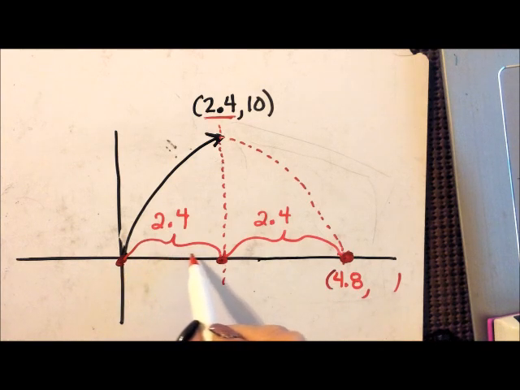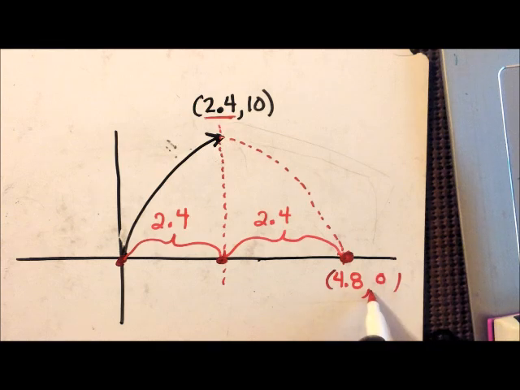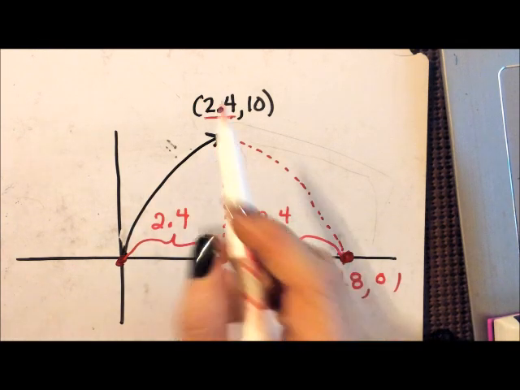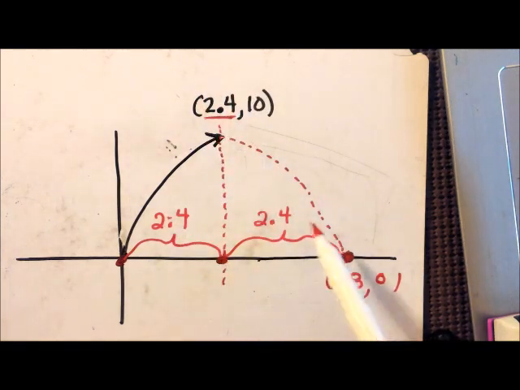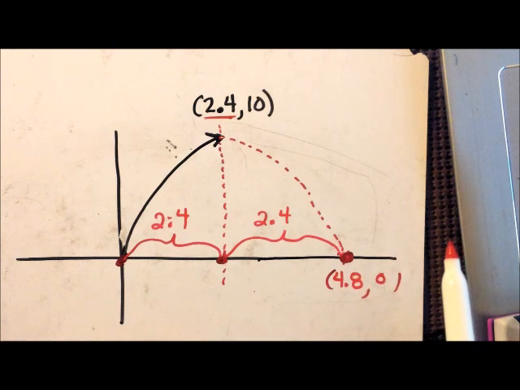From here all the way over to here is 4.8, 0. So if I give you something like this, and it's harder because it's kind of a weird number right here, you just double it, and then you get that other spot over there.